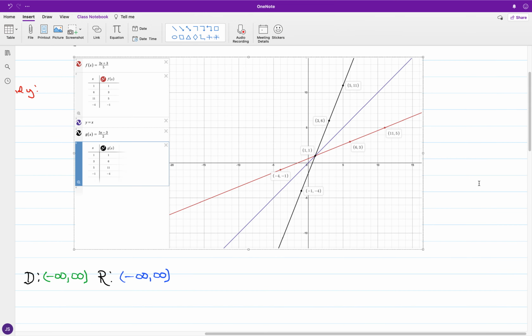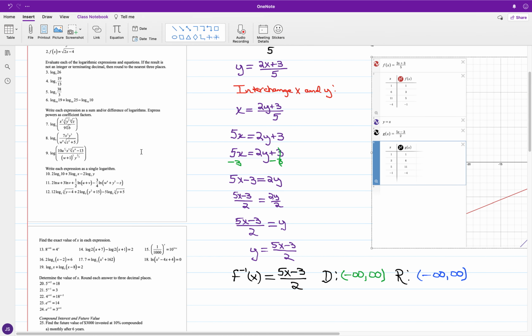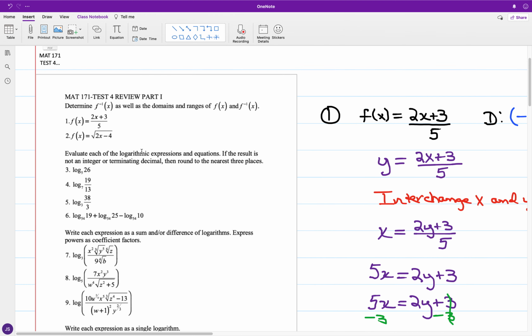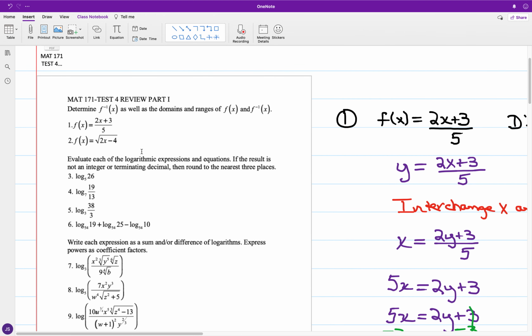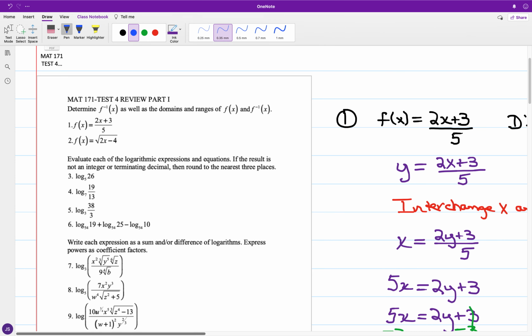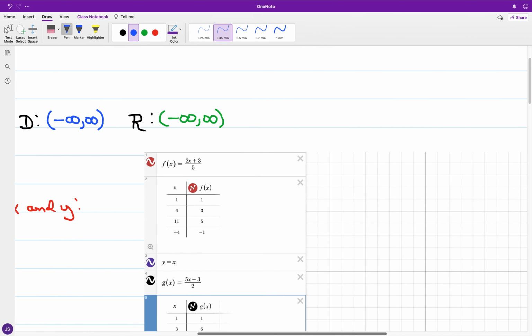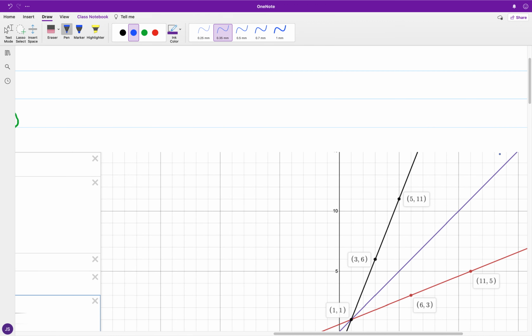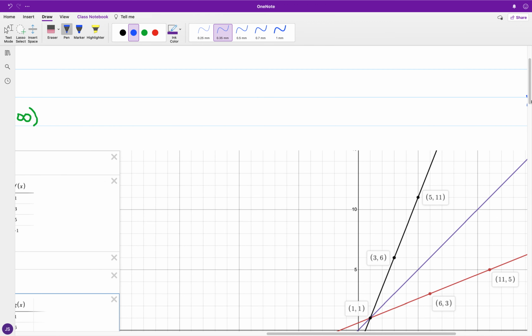All right. Now, in the case of the second function, we have a radical, with f of x is equal to the square root of 2x minus 4.